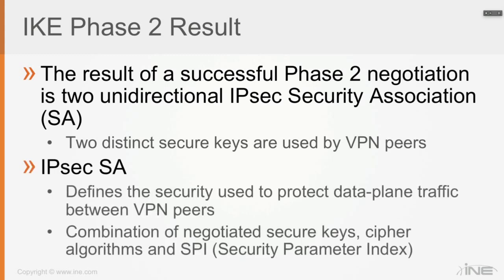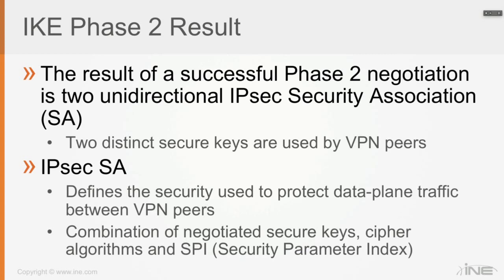So still symmetric encryption, not asymmetric. So we end up with those two SAs, or those two unidirectional IPsec tunnels, where the IPsec SA defines the security used to protect the data plane traffic between the VPN peers, which means what the keys are, of course, and also what the encryption algorithm is, what the hashing algorithm is, what the encapsulation is, ESP or AH, and what the mode is, tunnel or transport.